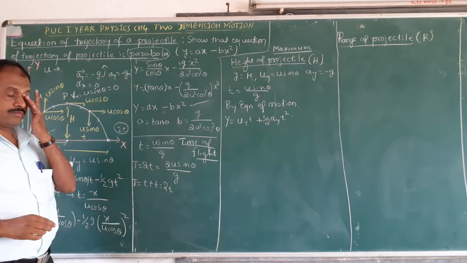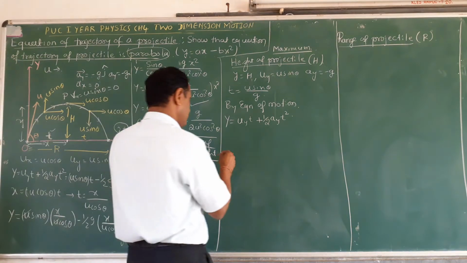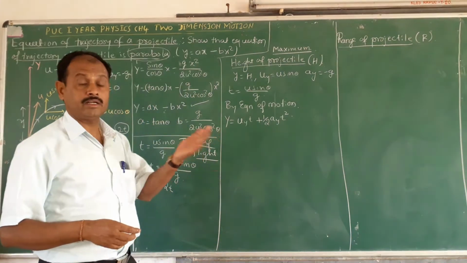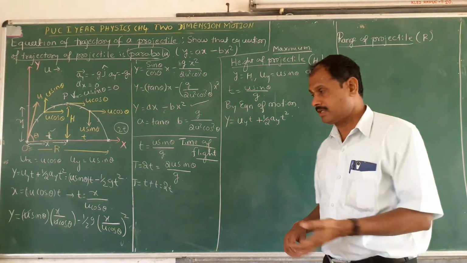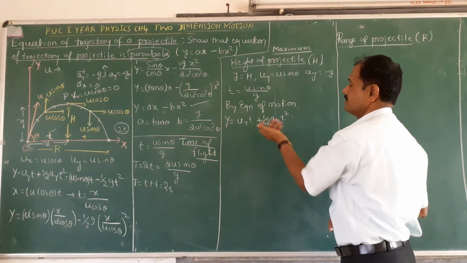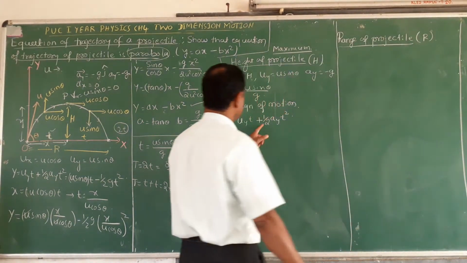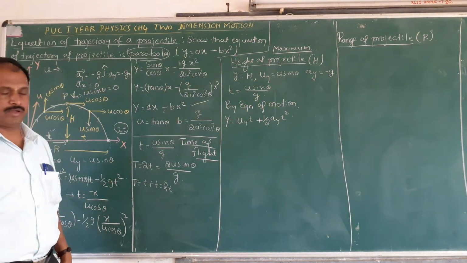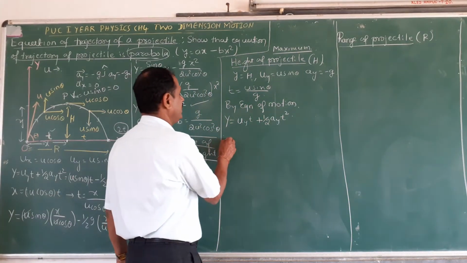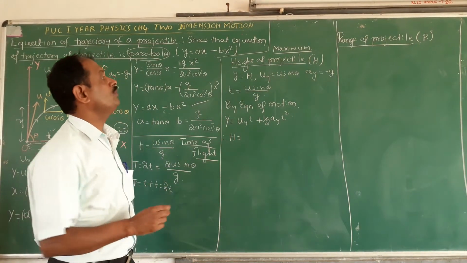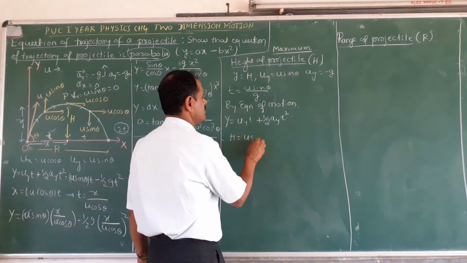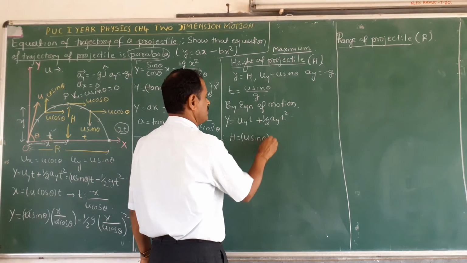Now what about this here? Another method is also there to obtain the expression for the maximum height of the projectile, but we have to use this method here. y is equal to u_y t plus 1 by 2 a_y t square. Now y is said to be h here, and u_y is u sin theta.